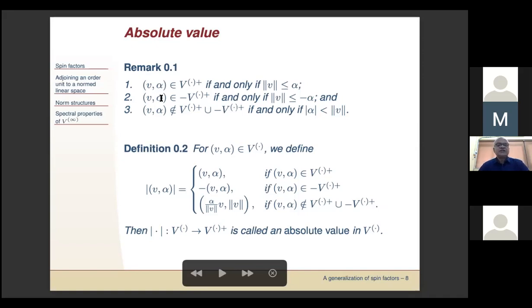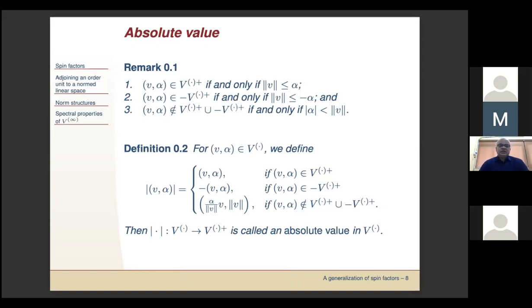And the third situation, which is generally a non-trivial situation, is the condition under which an ordered pair (V, alpha) is neither positive nor negative, and this is given by mod alpha being strictly less than norm V. Okay, I think here I should have commented that the cone obtained here looks like the ice cream cone Johan just mentioned in the last talk.